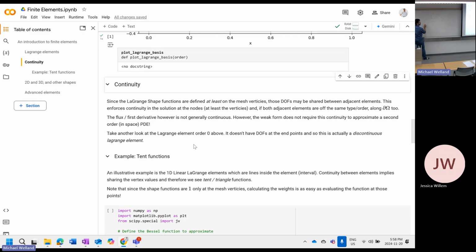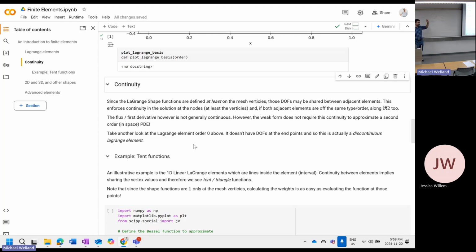It's also this side of the previous element. Then you have another one that looks like that, right? So even though they're different elements and they are not technically connected, they're overlapping. What that means is that your solution, when you actually go and calculate U, it's going to be continuous because your basis functions are continuous.